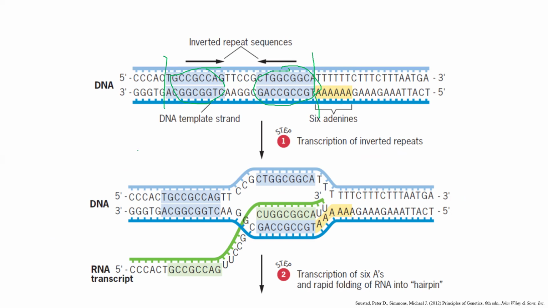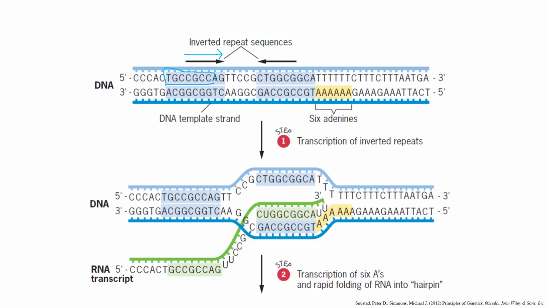Now let's see. Let's start reading this sequence from, let's say, this end. The sequence here, if I read, is T, G, double C, G, double C, and so on. I've read this sequence T, G, double C, G, double C in this direction.